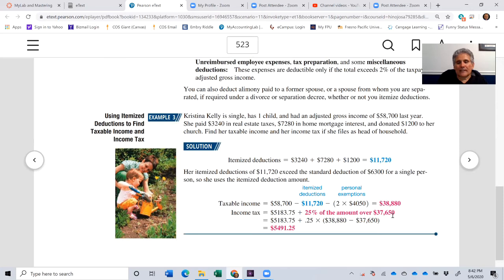Well, how much of that is? It's going to be $38,880 minus the $37,650. That's going to give you what's over. And then that amount, whatever that is, has to be multiplied by 25%. So $5,183.75 plus this computation is going to give you $5,491.25.